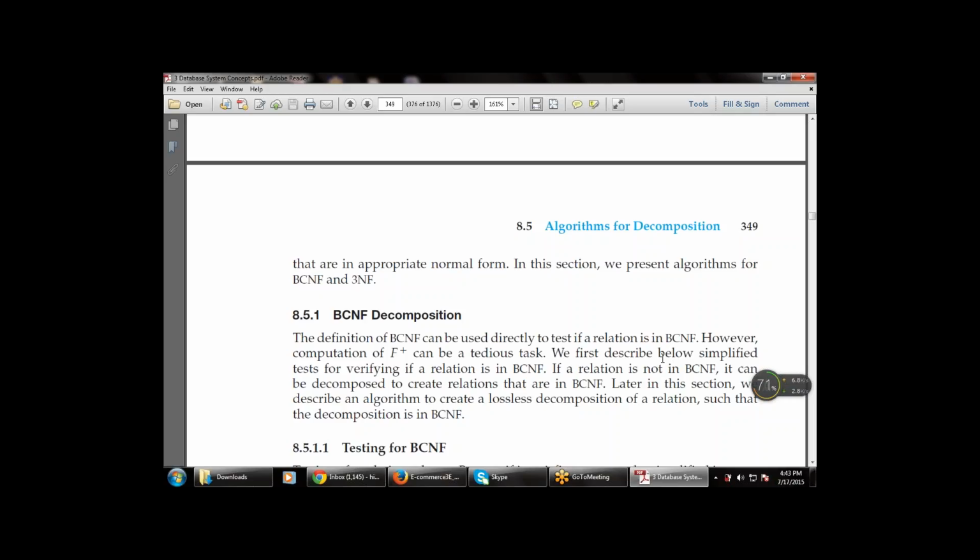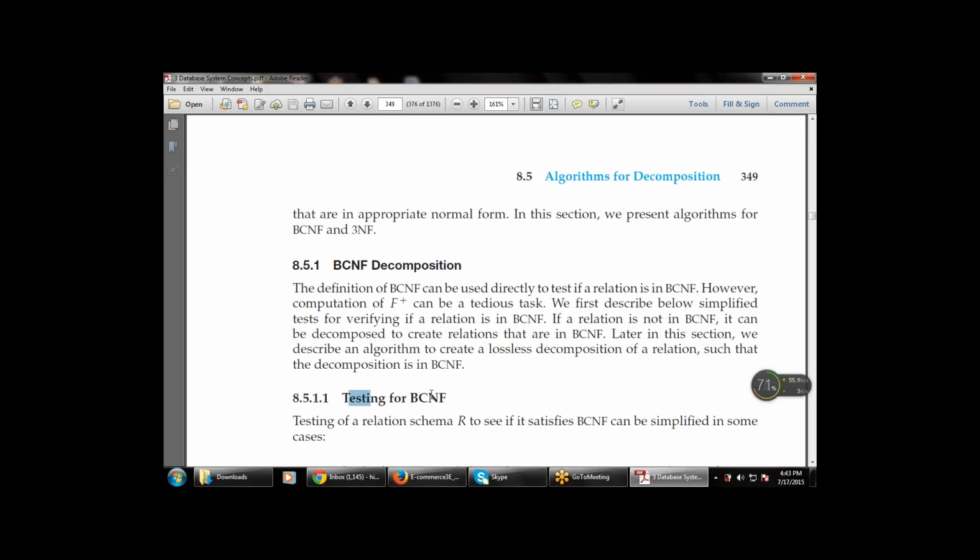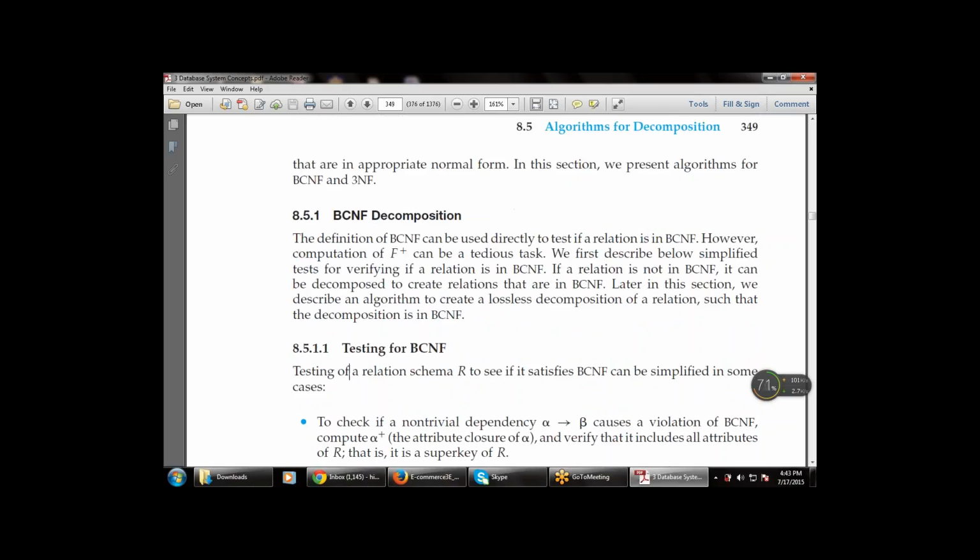Then we also define the algorithm that creates a lossless decomposition of the relation such that the decomposition is in BCNF, so the data is not lost in the decomposition.